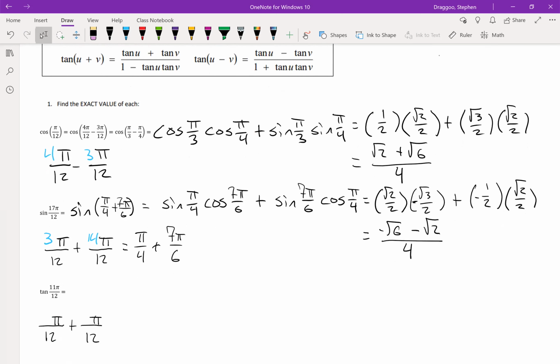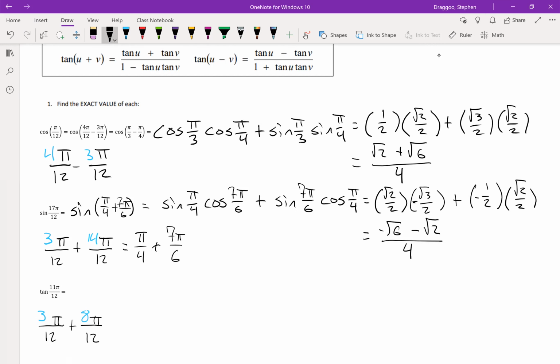Right, then we're going to look at the tangent of 11 pi over 12. So I want to get two numbers that add up to 11, again, each of which shares a common factor with 12. So I'll look at 3 pi over 12, and it leaves 8 pi over 12.